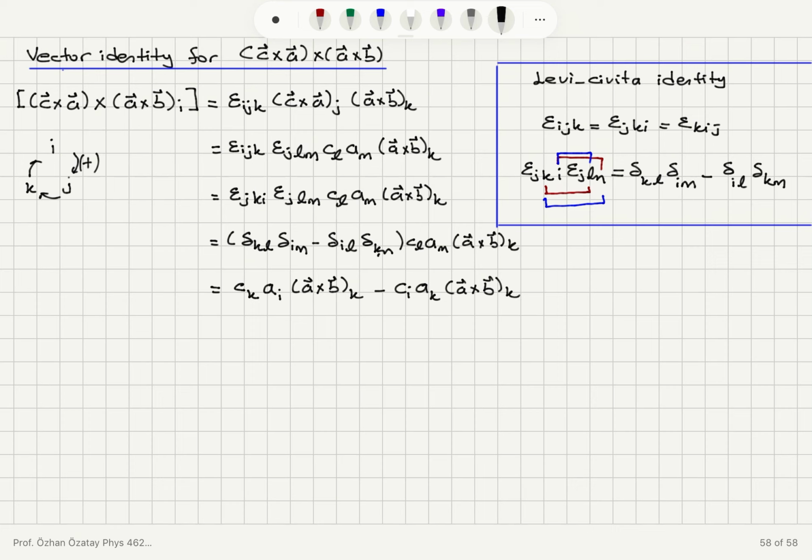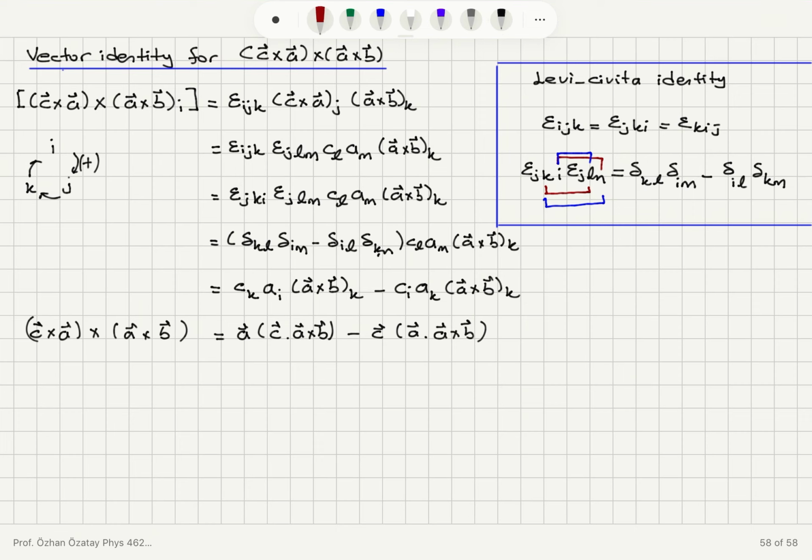If you write this not in terms of components but as a vector, this is basically telling us that C cross A crossed with A cross B is equal to the vector A multiplied by C dot A cross B, minus vector C multiplied by A dot A cross B. Because we have the same components being added up, AK and A cross B's kth component, this is going to give us the dot product.